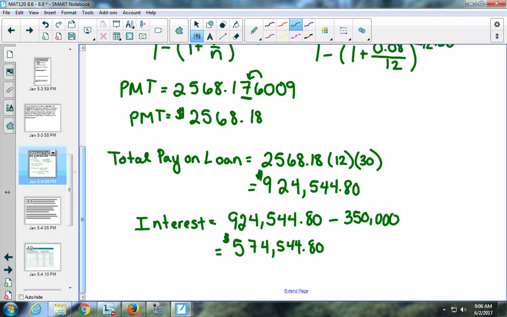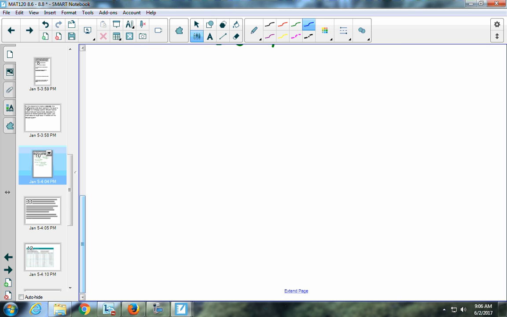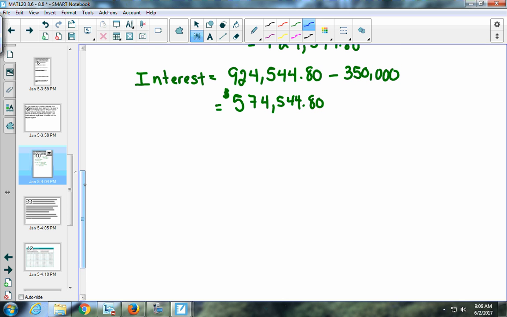Now, I go through that same process for the 20-year mortgage. So the 20-year mortgage had a little bit higher interest rate. It was 9%. So I'm still going to go through and use my payment formula. The principal has not changed. It is still a $350,000 mortgage.